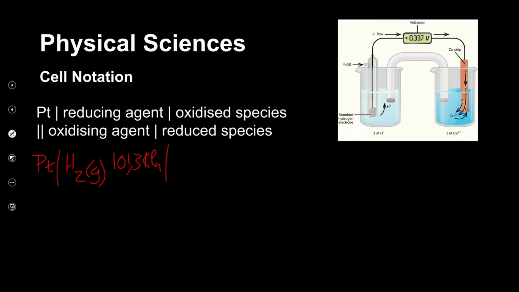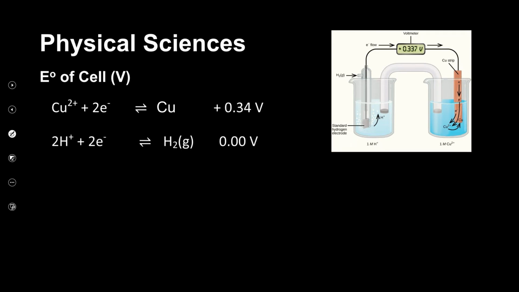Then we go to the oxidizing species, which is the hydrogen ions in solution. That's 1 molar. We've got the salt bridge. The oxidizing agent is copper ions, 1 molar. And the final thing there is the copper solid electrode.